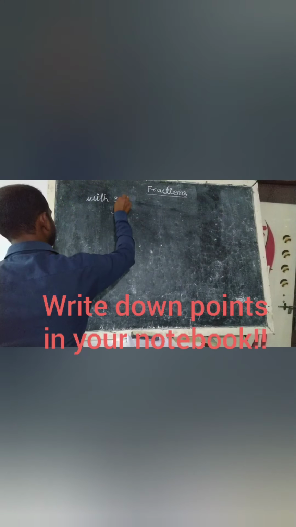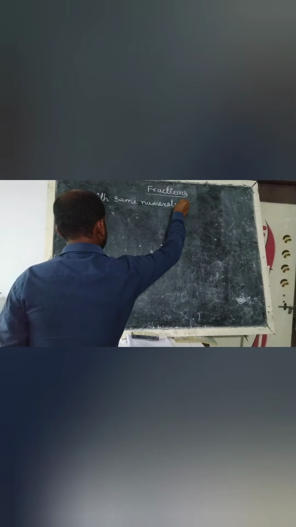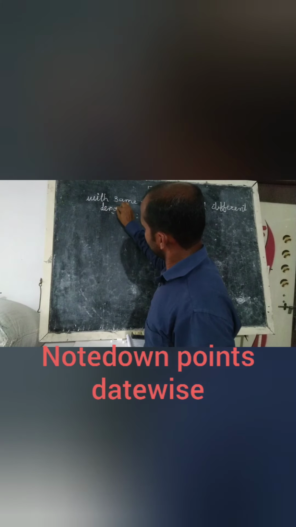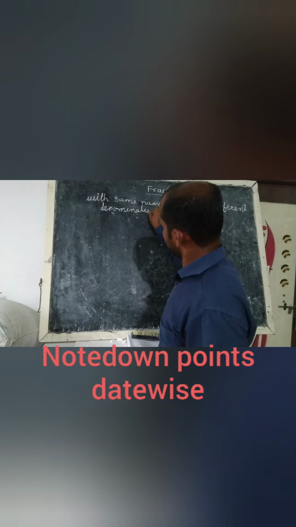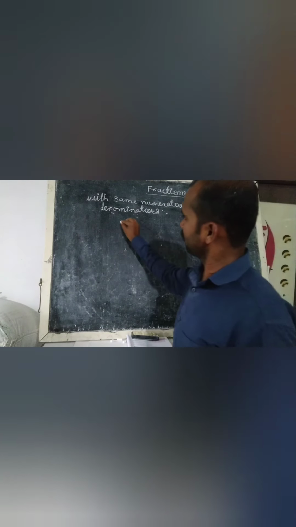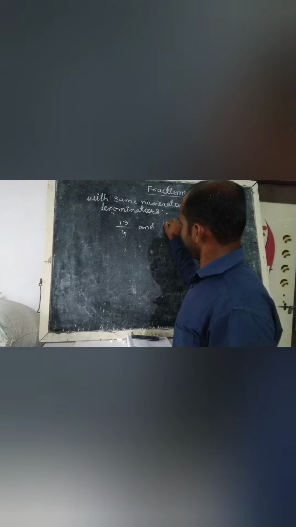So let us study when the fractions have same numerator but different denominator. With same numerator and different denominators. For example, take any two fractions with same numerator: 13 upon 4 and 13 upon 9.